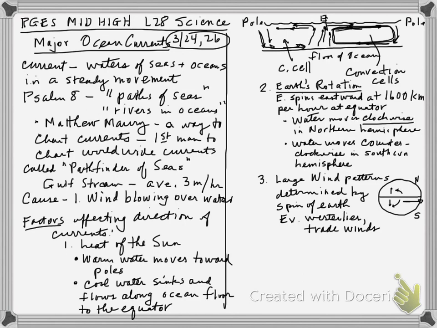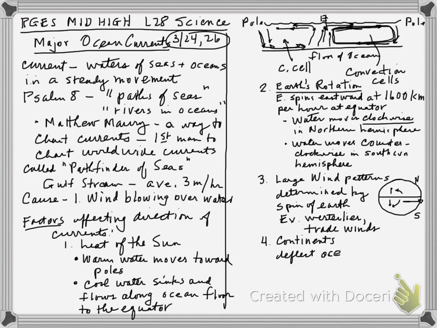Now a third influence on the currents would be the actual continents. Where the patterns of the currents hit a continent, the continent will deflect an ocean current.